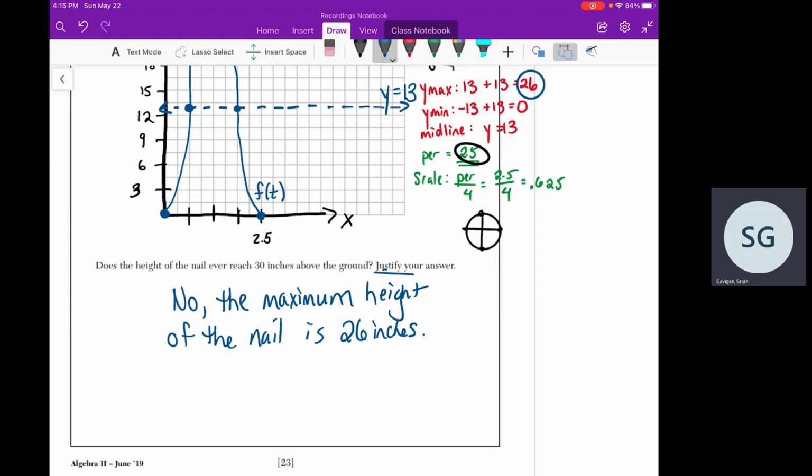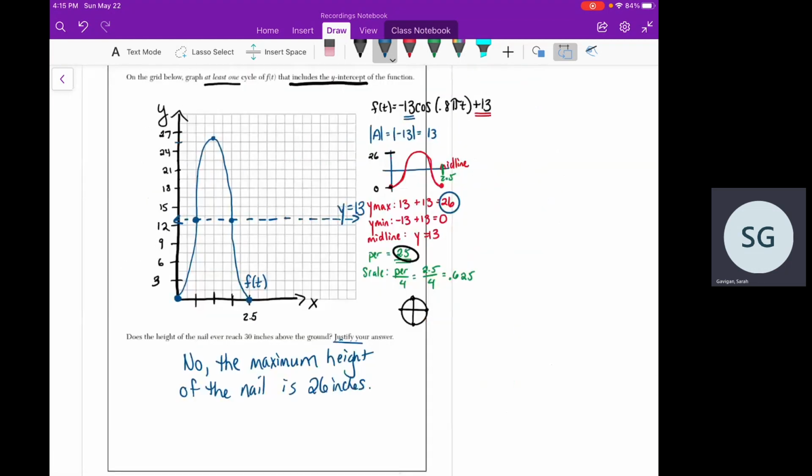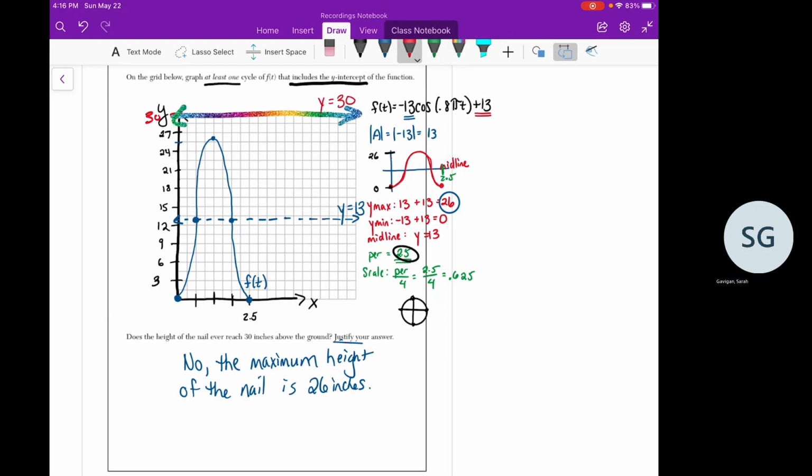Now it says to justify your answer. So if you wanted to, you can draw the graph of y equals 30 and call that y equals 30. That justifies it; you can say the graph never touches that line. All right, that's it for this exam.